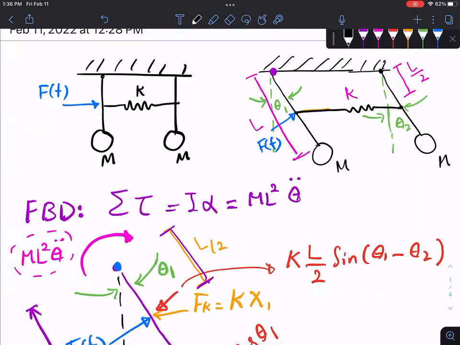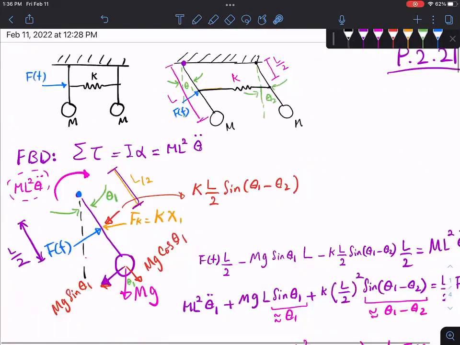I always start from the side of the system where the input force is applied. The reason is that this will help us understand how the first system will interact with the second system, because this force F of t is what makes the system move. So I'm going to draw the free body diagram of this first pendulum.